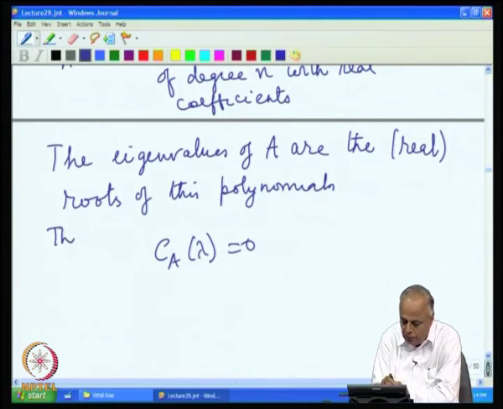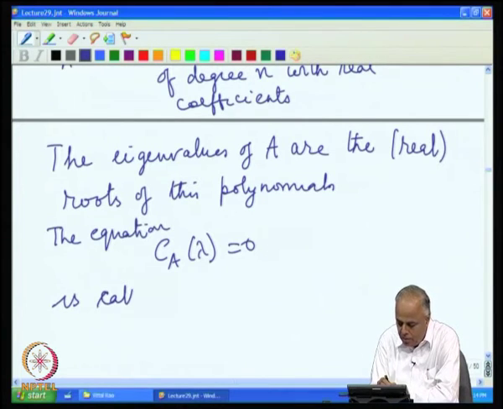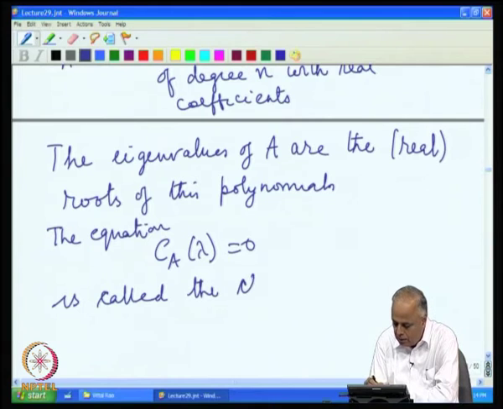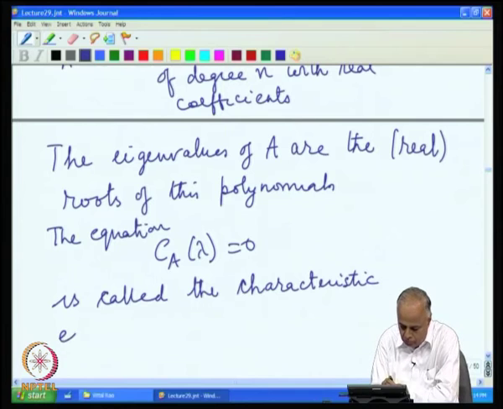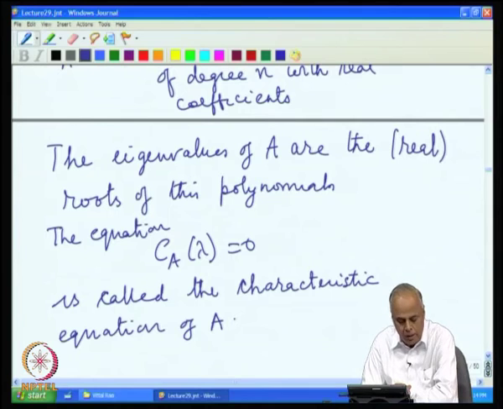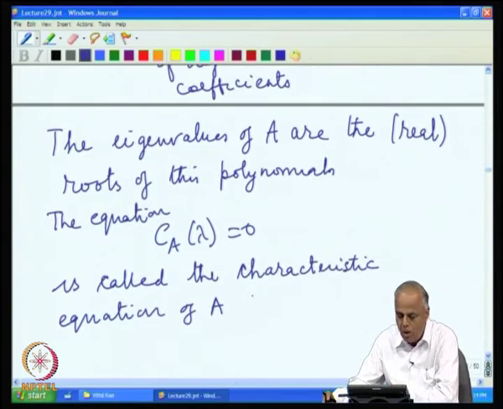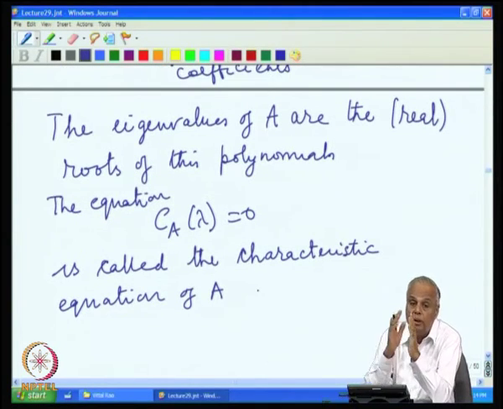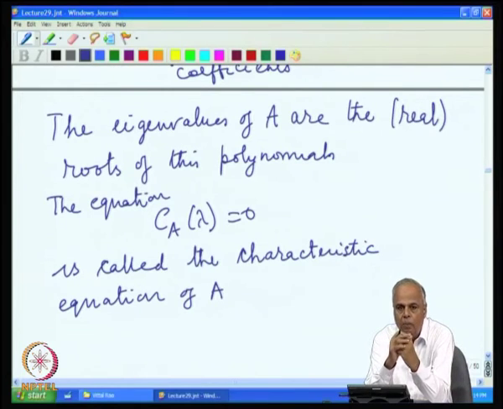This equation is called the characteristic equation of A. The equation C A lambda equal to zero is called the characteristic equation of A, and we are interested in its roots or solutions, because these are the eigenvalues of the matrix A. So, our search for the eigenvalues has now come down to finding the roots of a polynomial. You do not have to go around searching all over the real numbers.